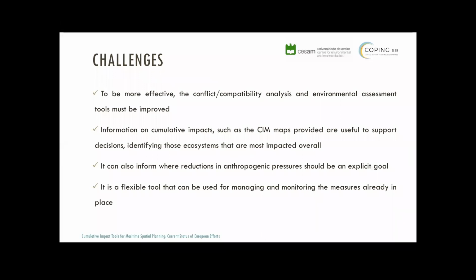The information on cumulative impact, such as cumulative impact model maps, provided are useful to support decisions and also identifying those ecosystems that are most impacted overall. These tools can also inform where reduction in anthropogenic pressures should and can be an explicit goal, and it's shown to be a flexible tool that can be used for managing and monitoring the measures already in place.